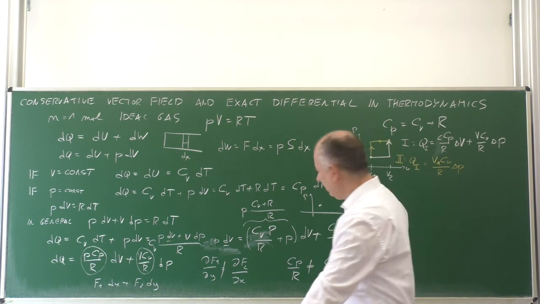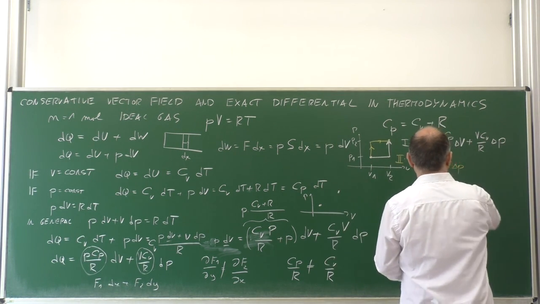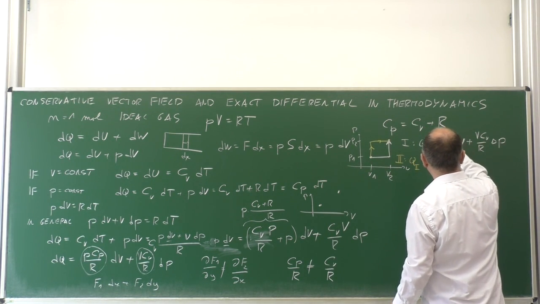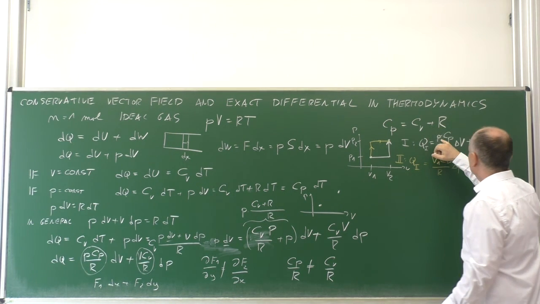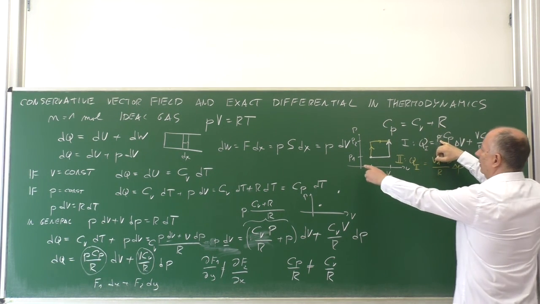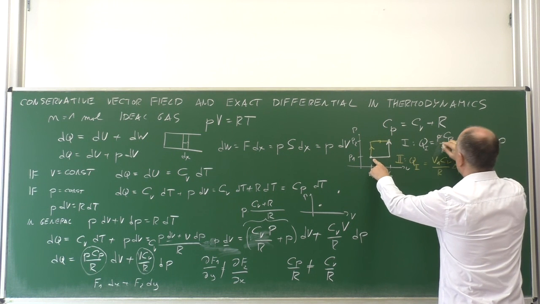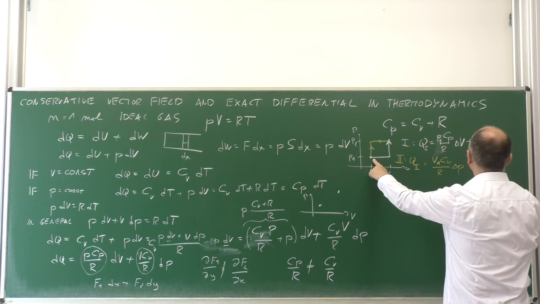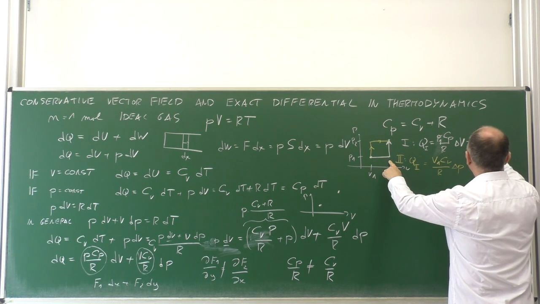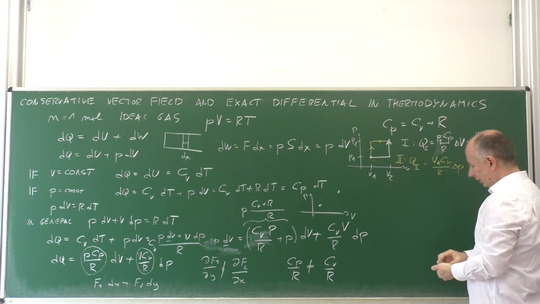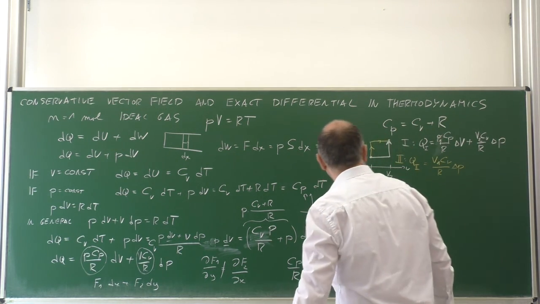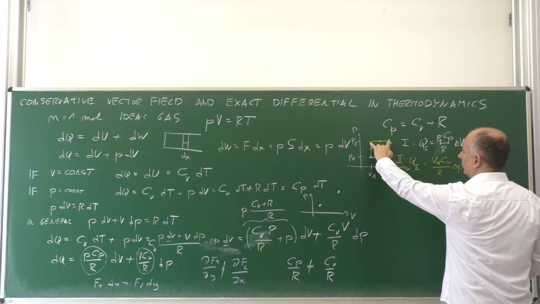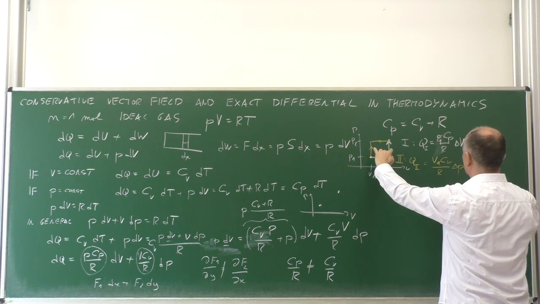Sorry. That was P dP, not P Cp. And it was here when the pressure was P1, sorry. And the volume here was V2. Right. Plus this horizontal line.